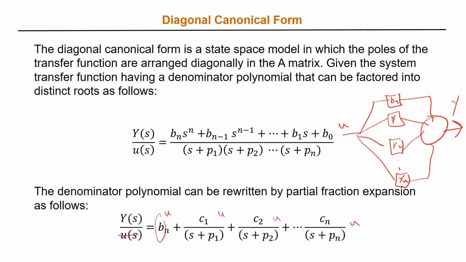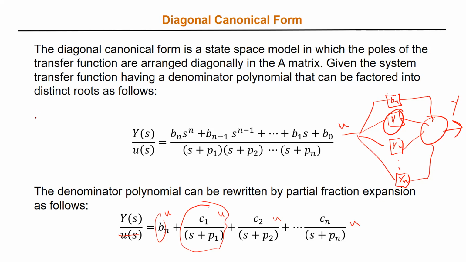The first one we said is a constant. Now, tell me, what is the realization of this system? Let's say this is the first, C1 over S plus P1. What is the order of the realization? It's e to the power of minus P1 t. No, not in time domain, in state space. It's one.